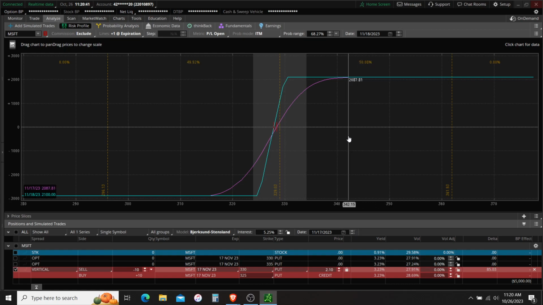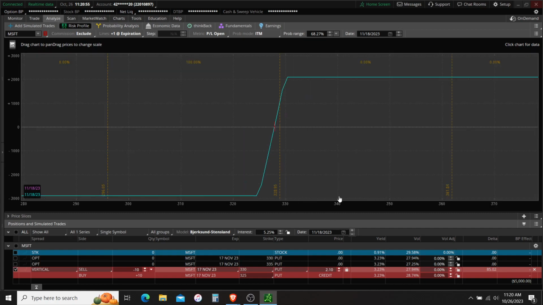This is what I mean when I say it's still a directional trade, because ideally you still want Microsoft to go up, but it doesn't have to, which is the nice thing. Then you can see down here the max loss is 2,900, over on the left-hand side of the screen.